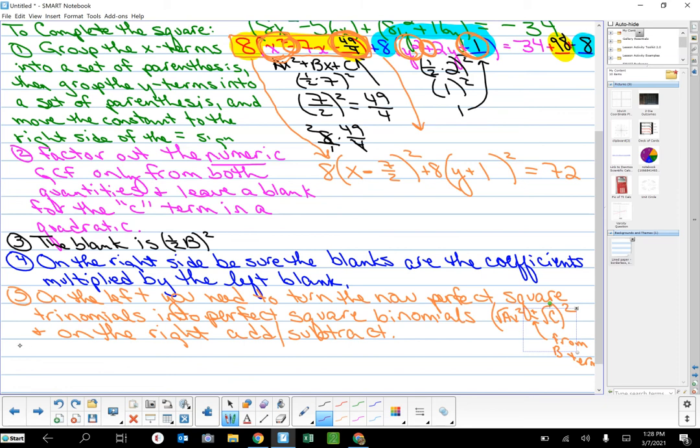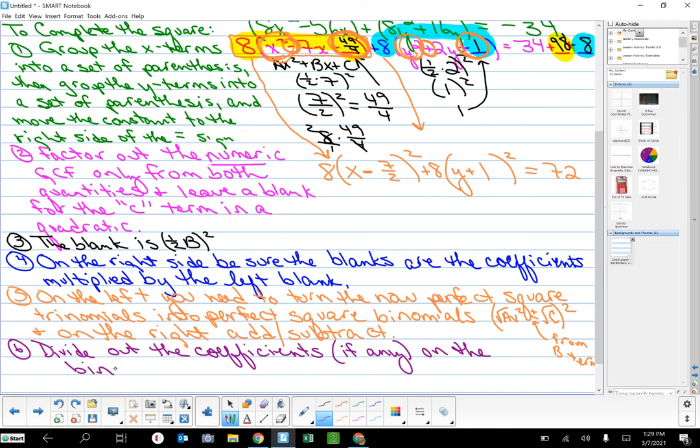We need to, number 6, in this case, divide out the coefficients, if there are any, on the binomials.